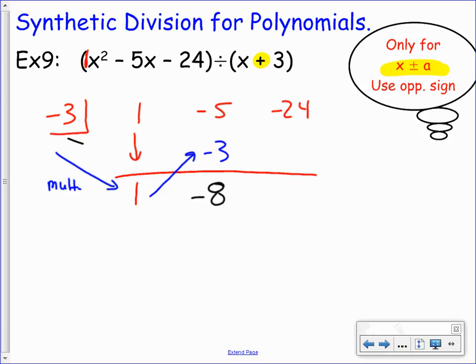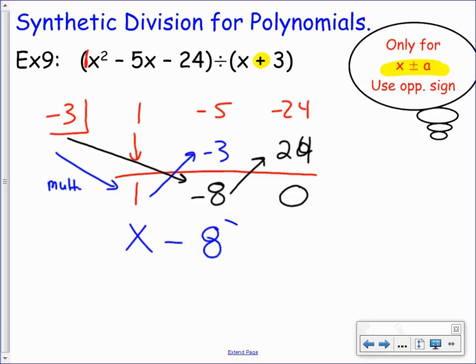Negative 3 times negative 8 is positive 24. Positive 24 goes right here. Negative 24 plus positive 24 is 0. That's your remainder. So the answer is x minus 8.